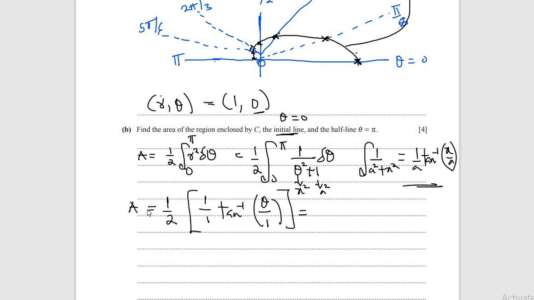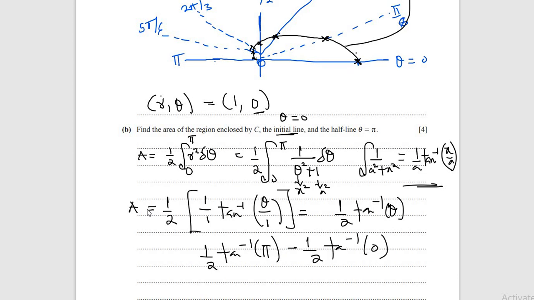So we have half arctan theta, evaluated from arctan pi minus half arctan 0. So from here, what do we have? Okay, this one will give us 0.631. So the answer is 0.631.